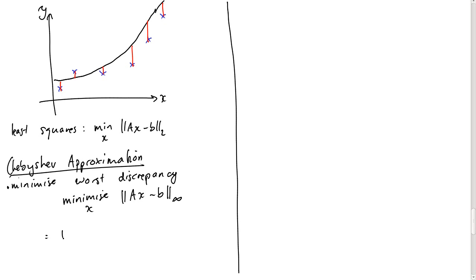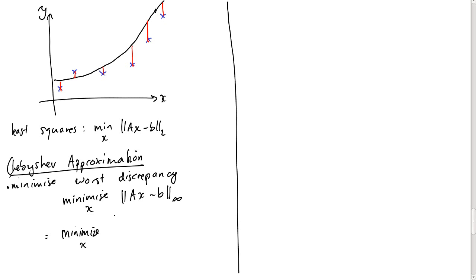Okay, so we want to find that, and we can write this in another way. Minimize over x, or we can write the infinity norm out in full. Remember, the infinity norm is the magnitude of the largest component.